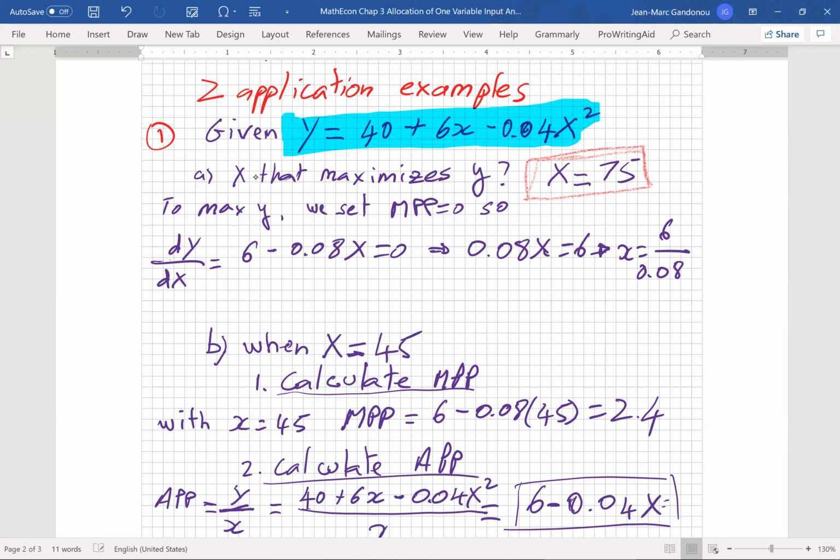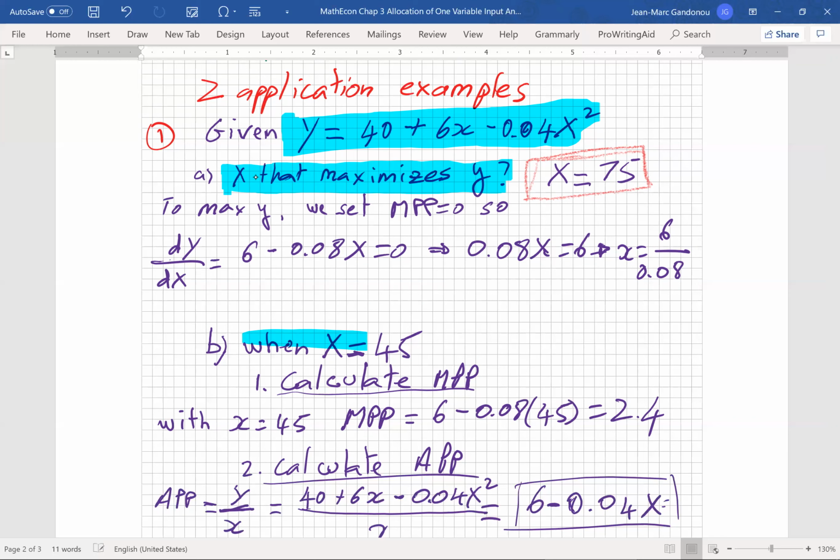The first question is to find the x that maximizes y. Exactly the same as before, we're trying to find the level of input that maximizes output.